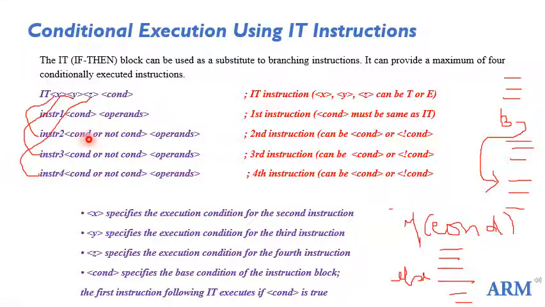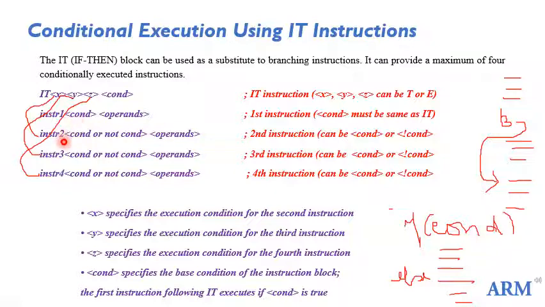That is why you see here instruction 1 condition, instruction 2 condition or not condition, instruction 3 the same thing. That means instruction 1 should always have the condition whatever you specify here. This condition will be the symbol that we have seen, EQ, NE, LT, GT, whatever.